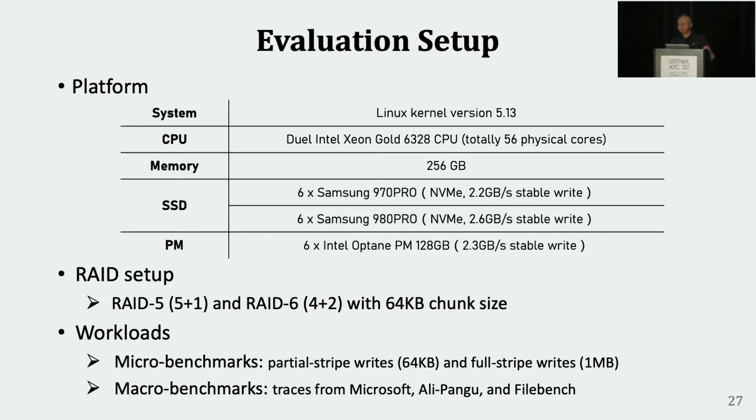We also use a RAM disk to emulate even faster SSDs and see how it does. And we use both micro benchmarks and 3 representative block traces from Microsoft, Ali, Pangu, and FileBench as trace-driven benchmarks to evaluate StRAID.